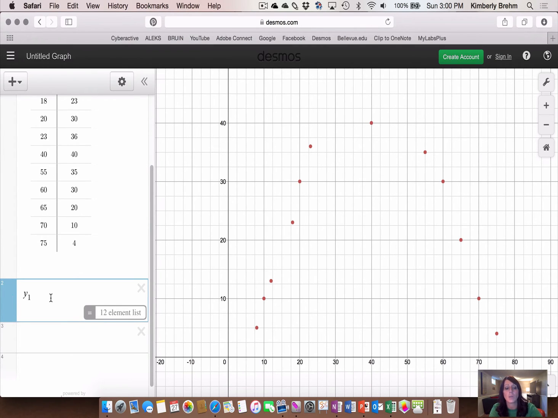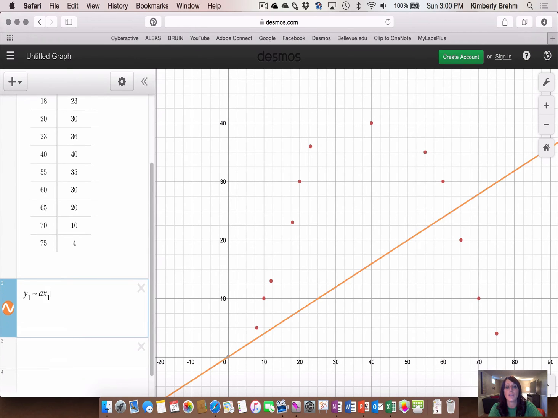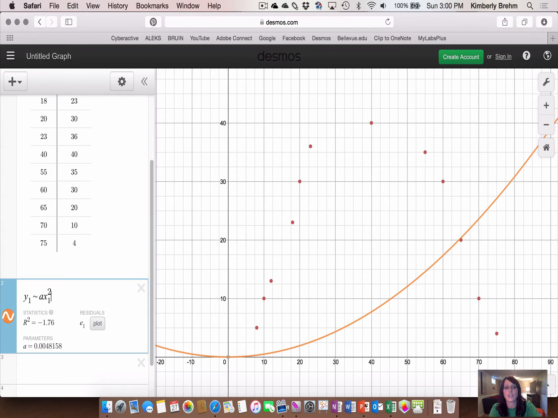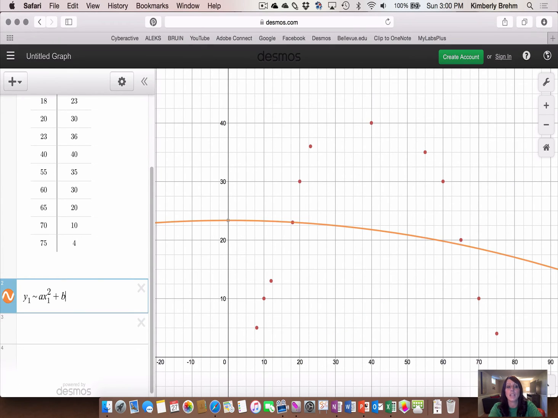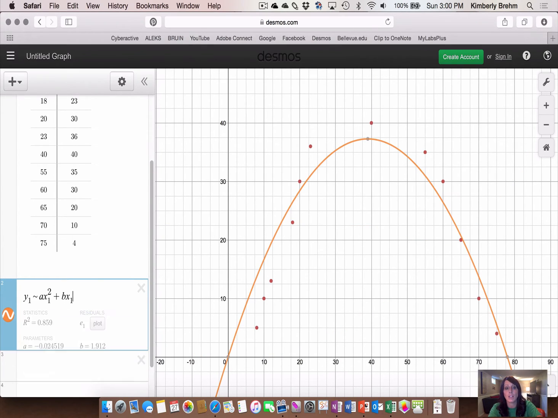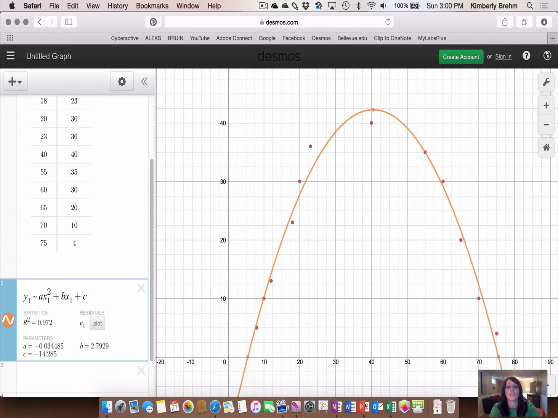As before, I'm going to use that little squiggle line, the tilde, which tells Desmos that it's got some work to do. And then a, and instead of just x squared, I have to say x1 squared. And then plus b, and then again x1 plus c.